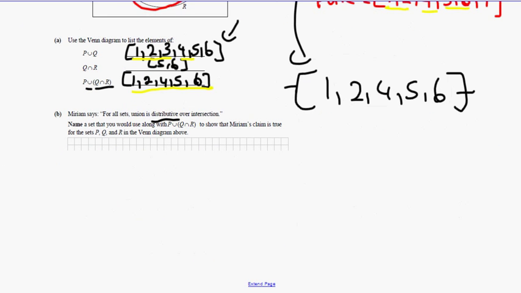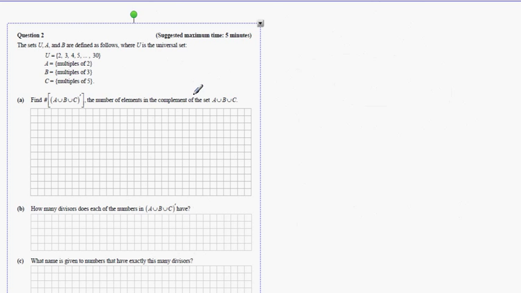Okay, so next question, question 2. The sets U, A and B are defined as following, where U is the universal set. U is 2, 3, 4 all the way up to 30. A is multiples of 2, B is multiples of 3, and C is multiples of 5.